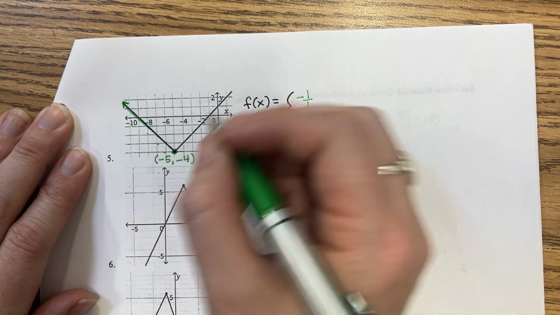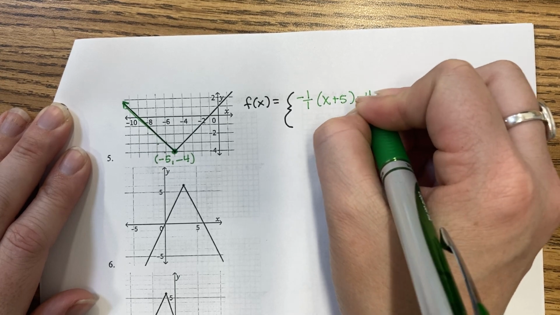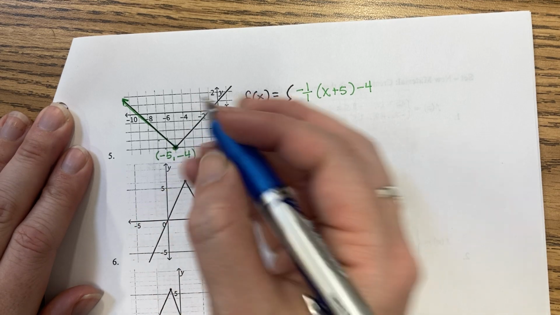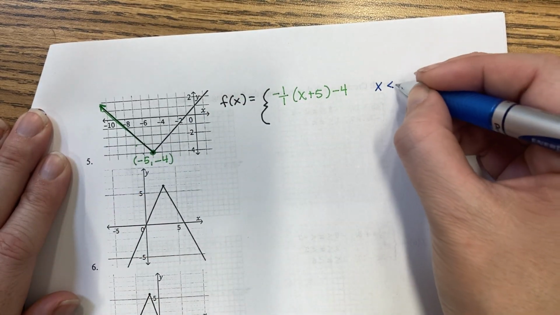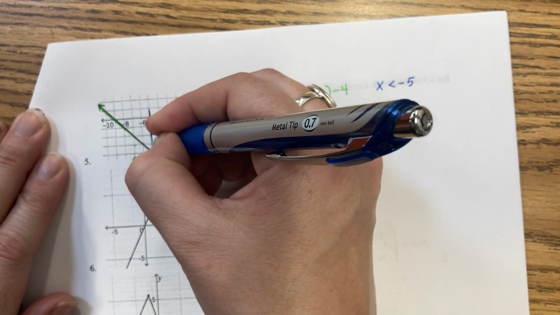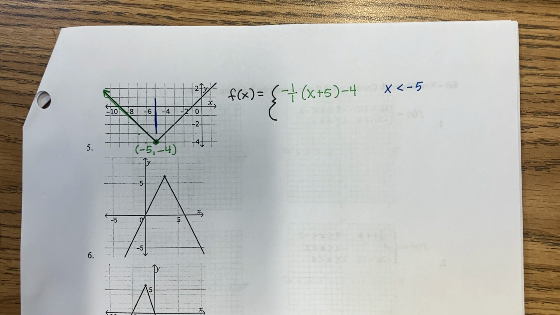It's called a vertex point. And this inequality happens when x is to the left of -5. The left side. Then I have to do the right side.